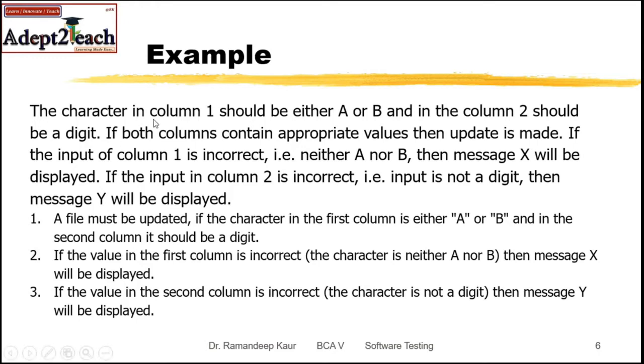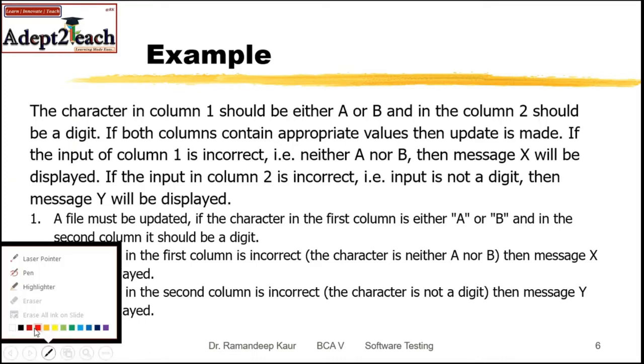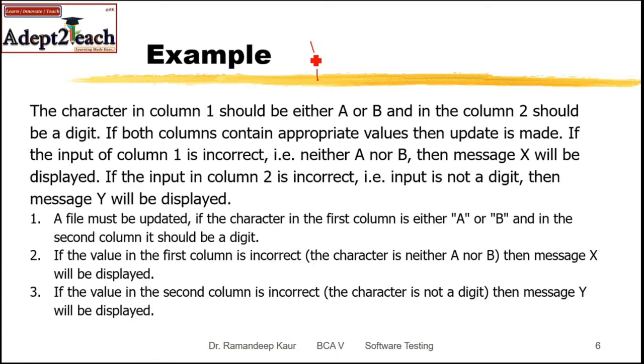It says that in column 1, either A should be there or B should be there. So either of the characters should be there, either A or B. In column 2, there should be a digit. The condition we can imagine like this. Let's say I have a table. In this table, I have 2 parts. First is column 1, second is column 2.